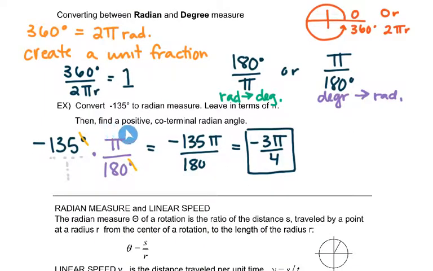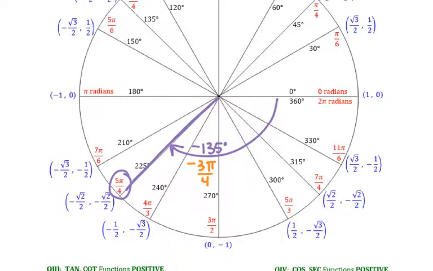So in this problem, we're asked to find only a positive, but we could find a positive and a negative coterminal angle. In order for us to find that coterminal angle, we're going to add or subtract an entire unit circle rotation. So coterminal, if I add 360, I would come back to the same.